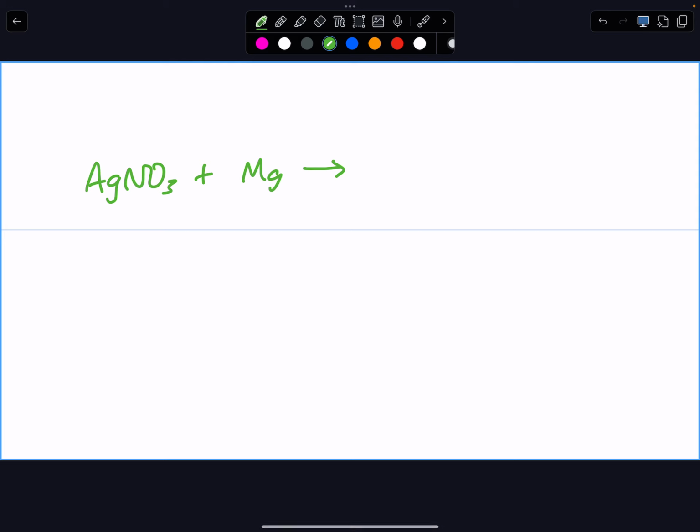Single replacement. Metal replaces metal. So who wants to do the replacing? Lonely guy, Mg, wants to replace who?